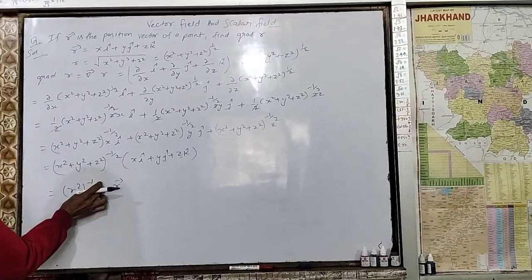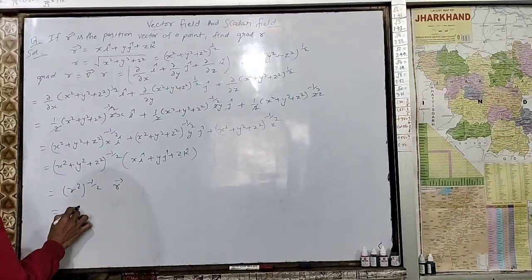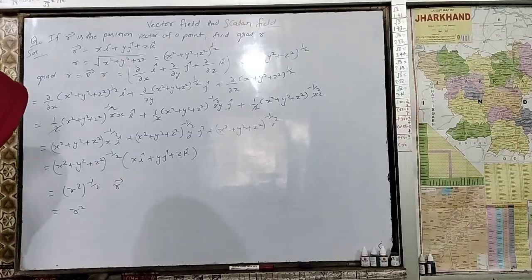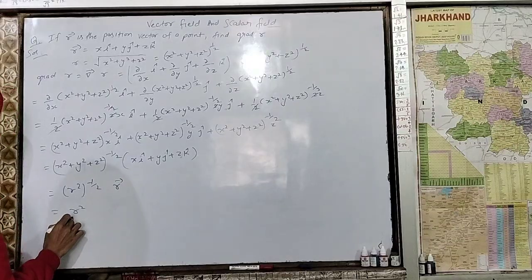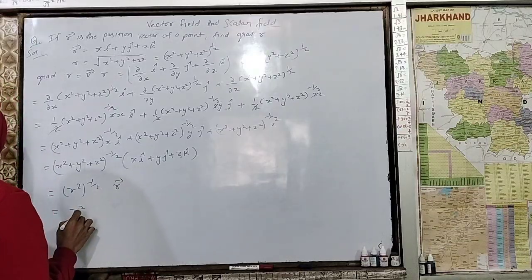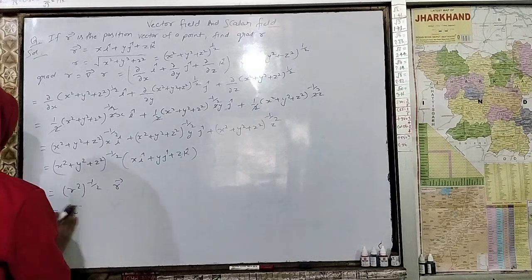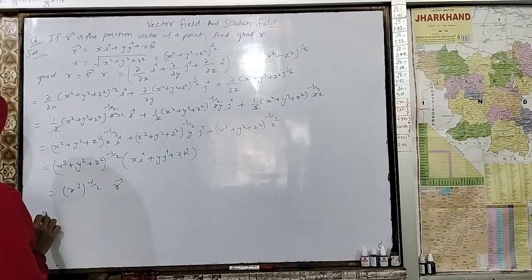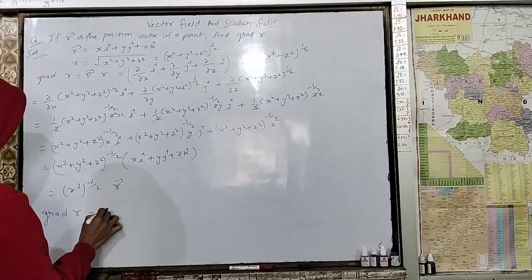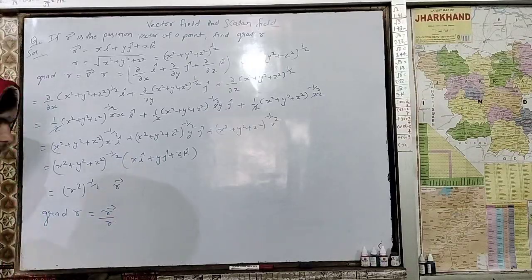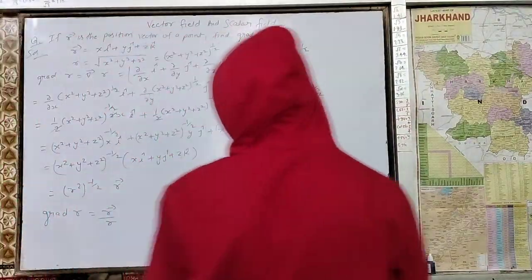Just bring this in the denominator. What will happen? So finally the answer will be grad of r is equal to r vector upon r.